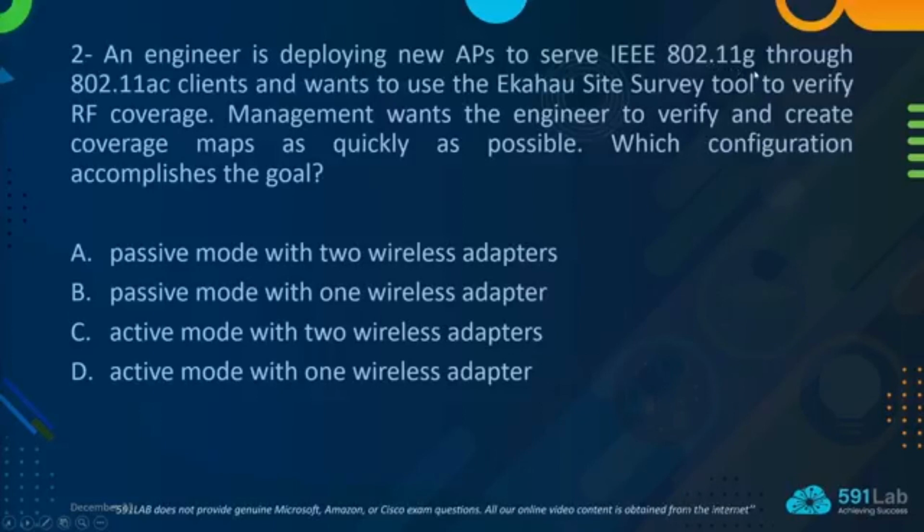like we said, keep in mind that we have two radios here. And since we have two radios, I'm going to exclude or eliminate anything with one wireless adapter, because in order to actively do this site survey, we need two wireless adapters to listen to the 2.4 radio and, at the same time, so we don't have to do it multiple times, to also track 5 gigahertz.